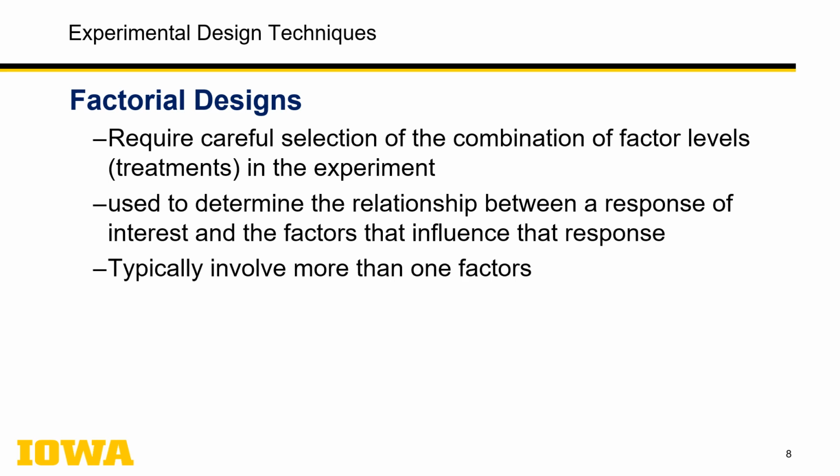So in engineering, they may be chosen because they know that the system they're trying to design is influenced by several factors, and they want to do an experiment to determine which factors influence it the most, and at what levels we want to put those factors to optimize the system.